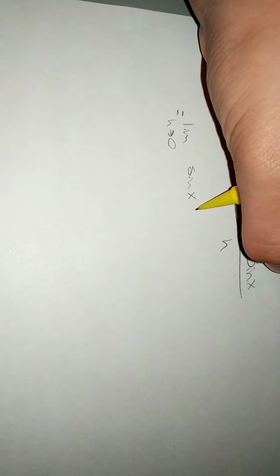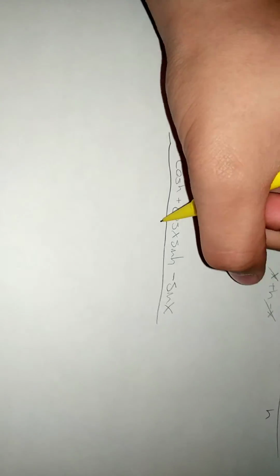I'm going to rewrite it as sine of x cosine h plus cosine x sine of h. Now, I hope that you all recognize this. This is just the expansion of sine of x plus h. It may seem a little extraneous, but if you have a good intuition, you'll see how this makes a lot of sense.